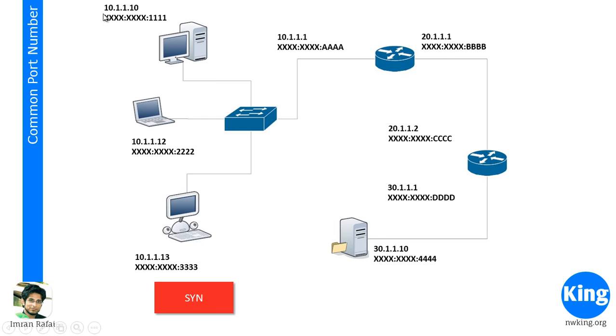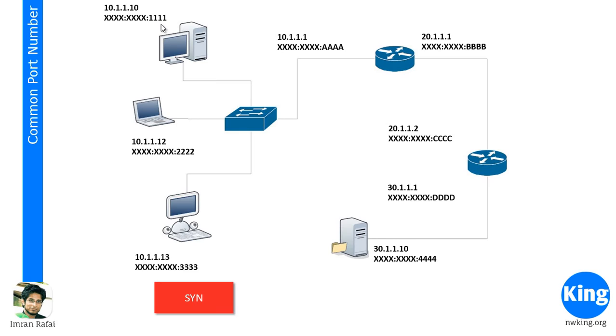Now whatever you see below that in XXX, that's the MAC address. I have put the MAC address with only the last 4 hexadecimal digits, because this is an example. Normally it is a 48-bit number, with 12 hexadecimal digits. So each of those hexadecimal digits is 4 bits long.